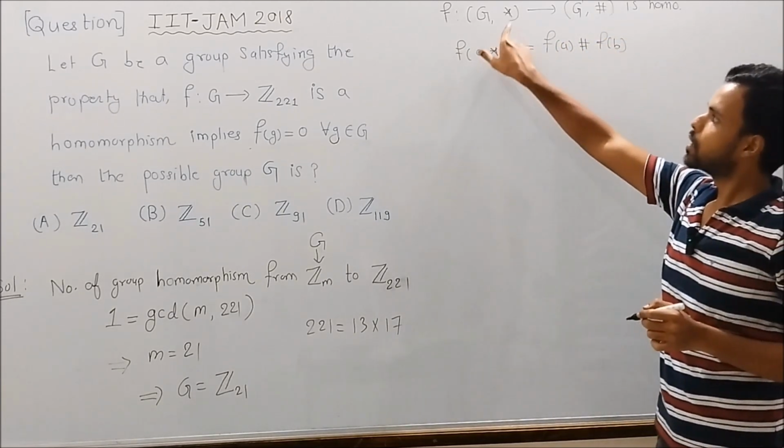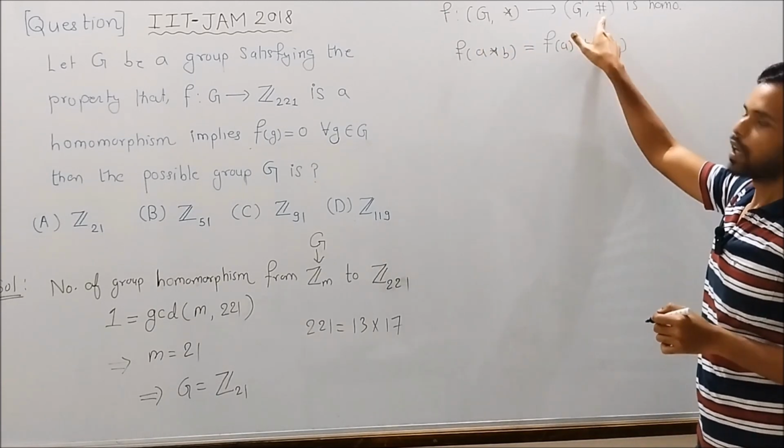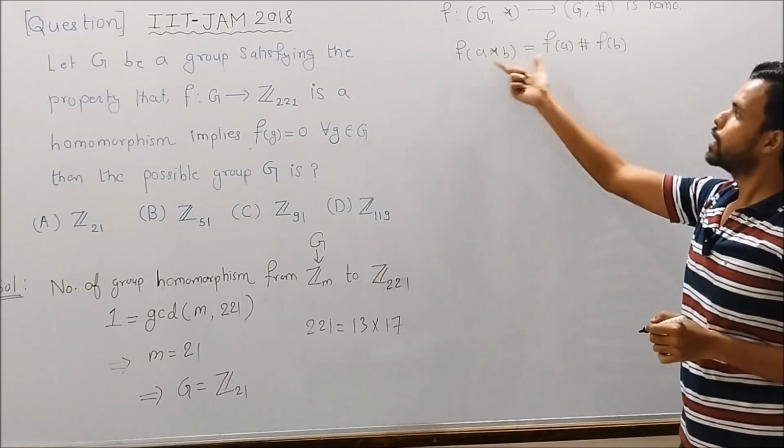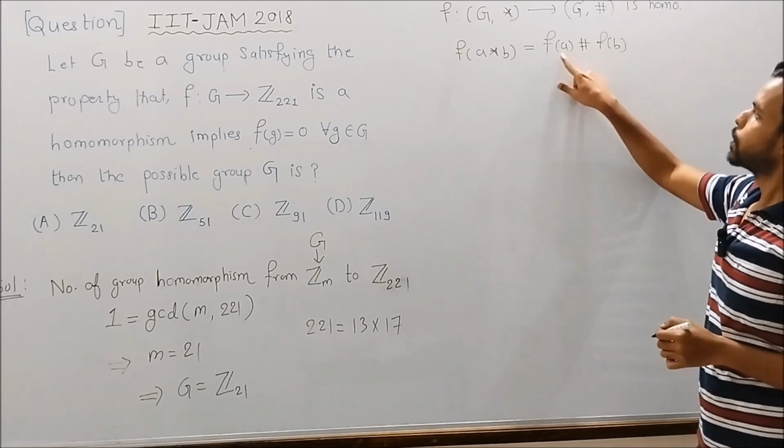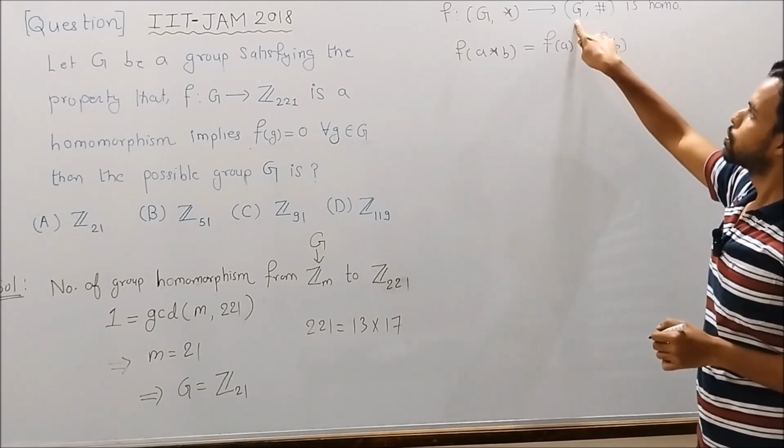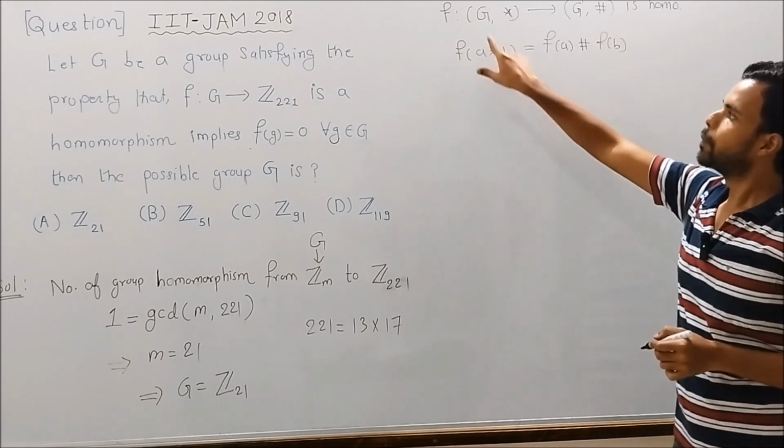This star is the operation in G and this hash is the operation in G dash.